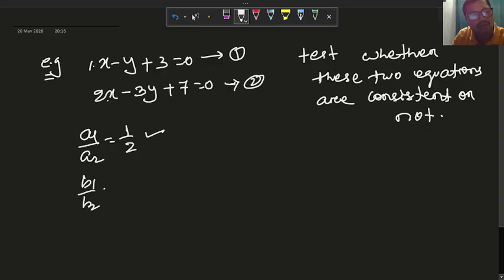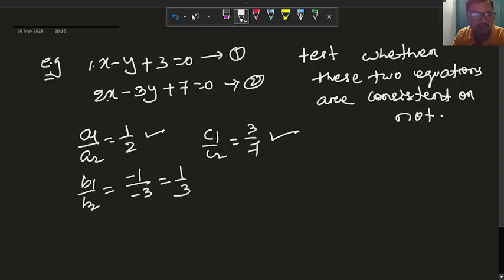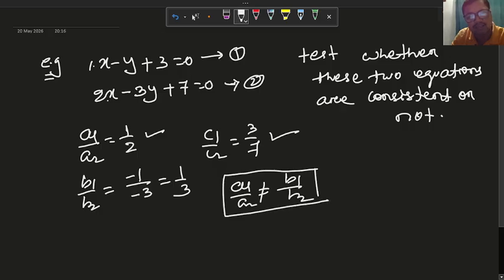b1 by b2 equal to minus 1 by minus 3 equal to 1 by 3. c1 by c2 equal to 3 by 7. So I get that a1 by a2 does not equal b1 by b2. It satisfies the first condition.